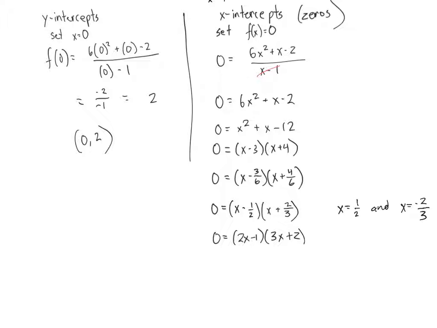No, it's positive 1/2. Oh, we can do this way. It's the opposite sign of what's in the factor. So our two points are (1/2, 0) and (-2/3, 0).